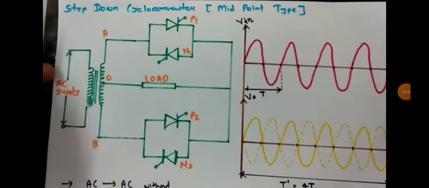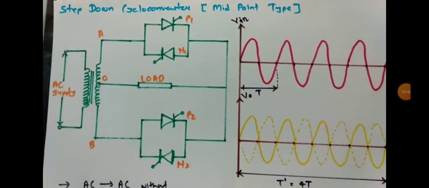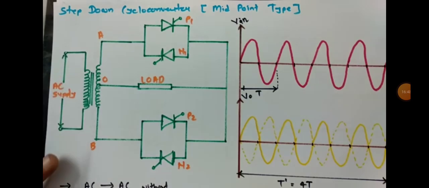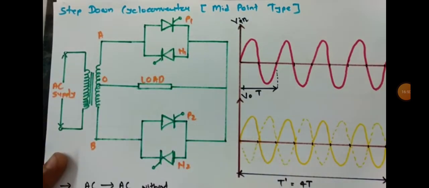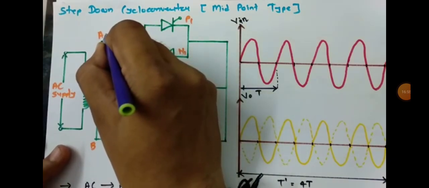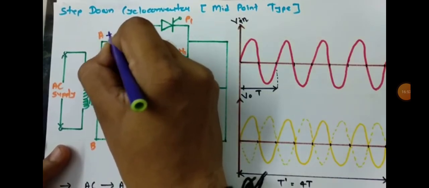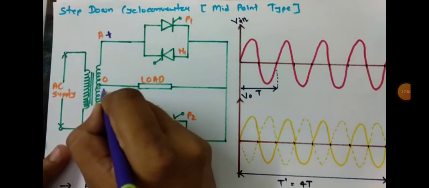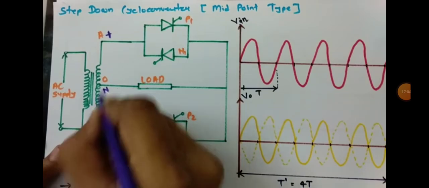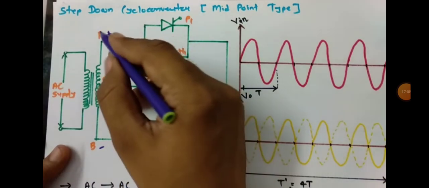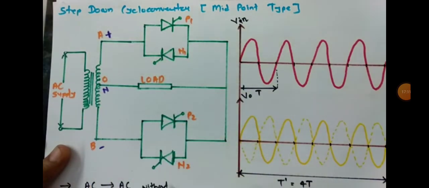So here we have the AC input over here. What will happen during the positive half cycle? During the positive half cycle, this terminal is positive with respect to this terminal, and this terminal is neutral in all conditions. So during the positive half cycle, A is positive with respect to B and N is neutral.